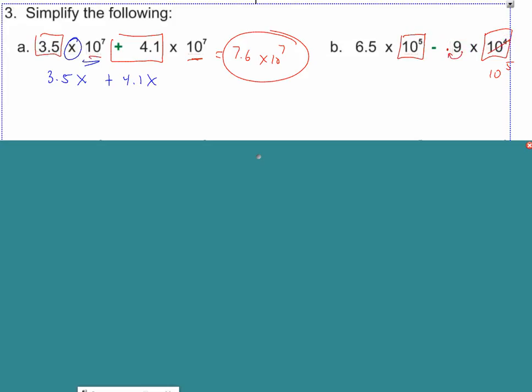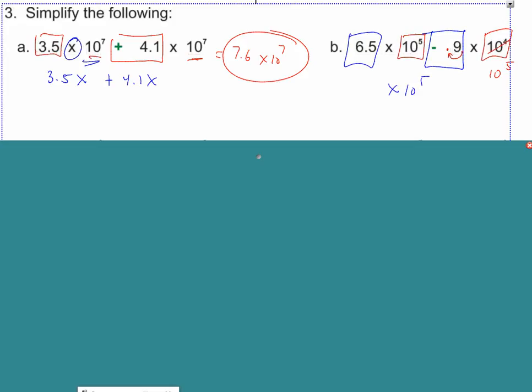Okay, so now we can finish it off, right? Now we've got the same power of 10. And now you have 6.5 minus 0.9. If you can't do that in your head, then use your calculator, but don't get the problem wrong. And all you got to do is, right, that part, because we know it's going to be times 10 to the 5th, right?